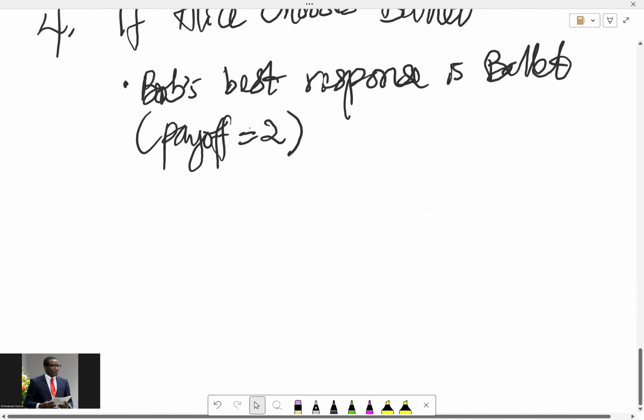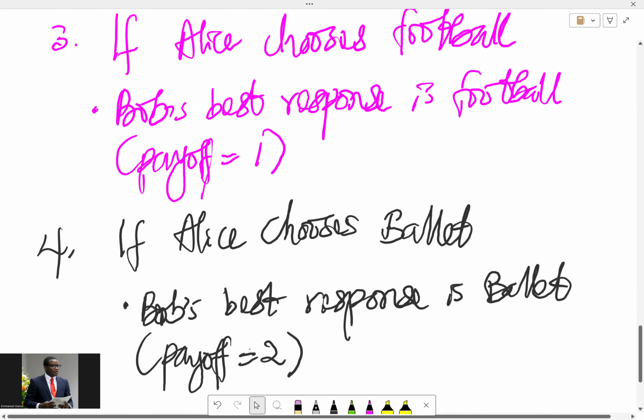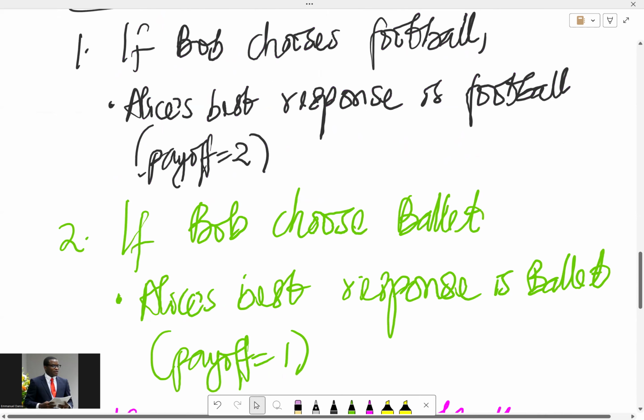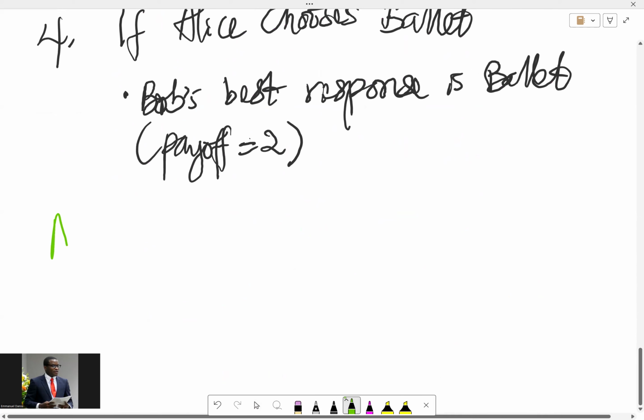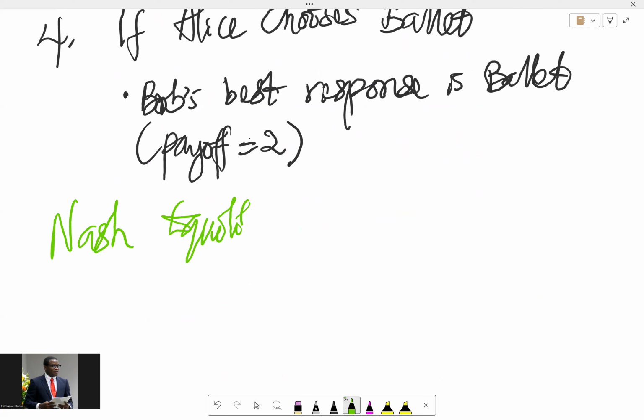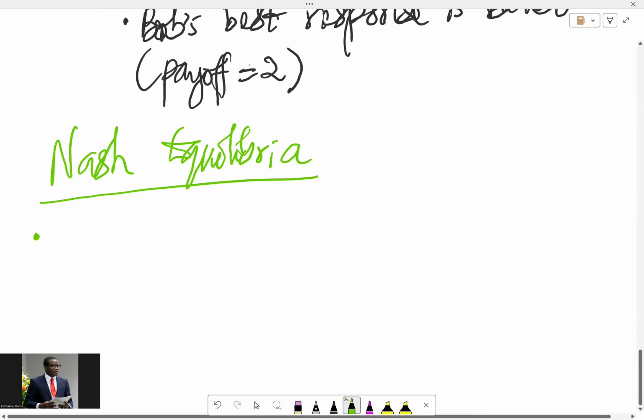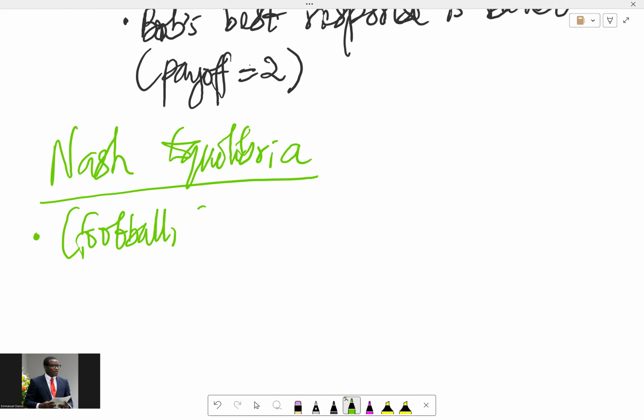So here we can come and talk about the Nash equilibrium. Rather, we have two Nash equilibria. So it's either they choose football. So Alice chooses football and Bob also chooses football.